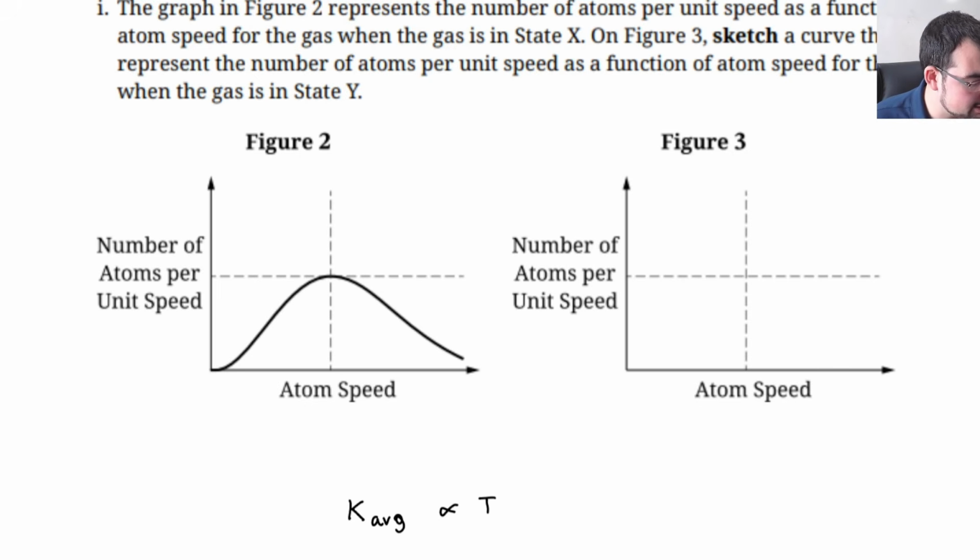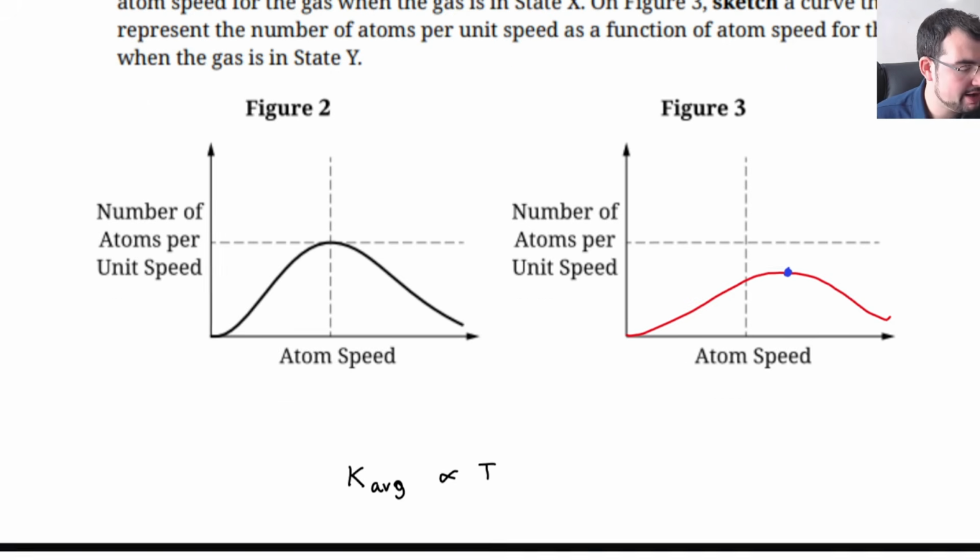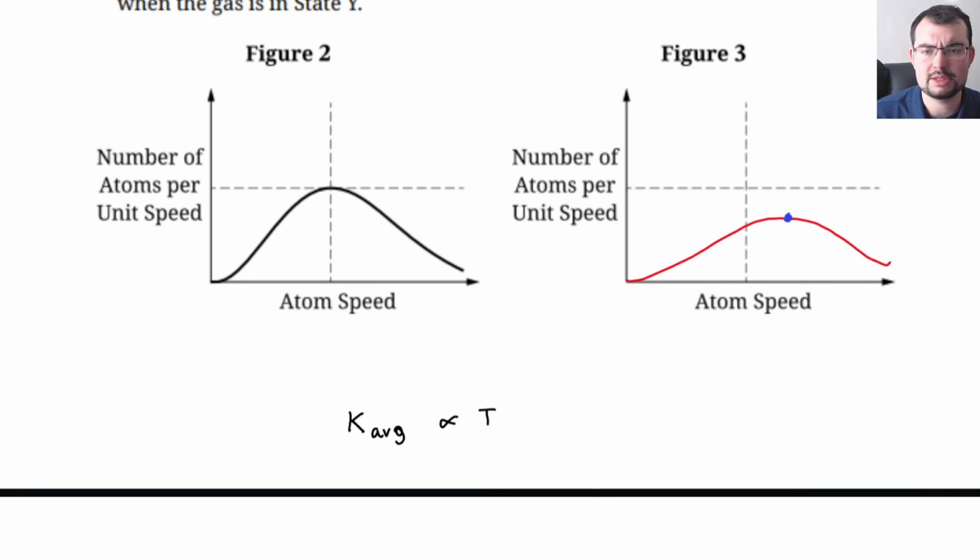So I really think the 2 points are just going to come from making a flatter graph whose peak is to the right of the original peak. Because again, by having a higher temperature, that means more speeds are possible. So the curve is going to extend higher in regions out here. But it had to get flatter because we had the same number of atoms.